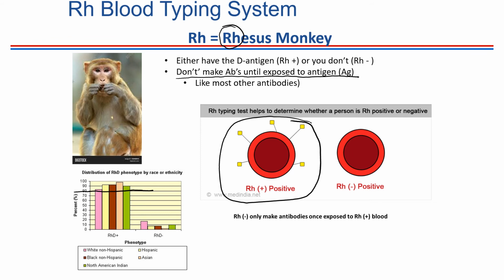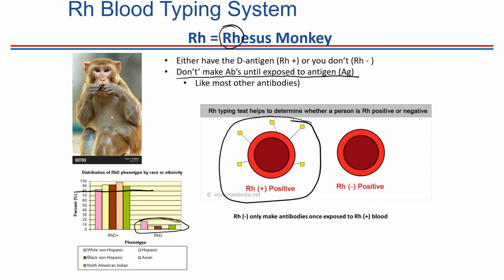In fact, Caucasians have the least, and that's about 82 to 83% of white non-Hispanic folks who are Rh positive. When you get into the Asian and African countries, 90% or more of people are Rh positive. So only a few really are Rh negative.